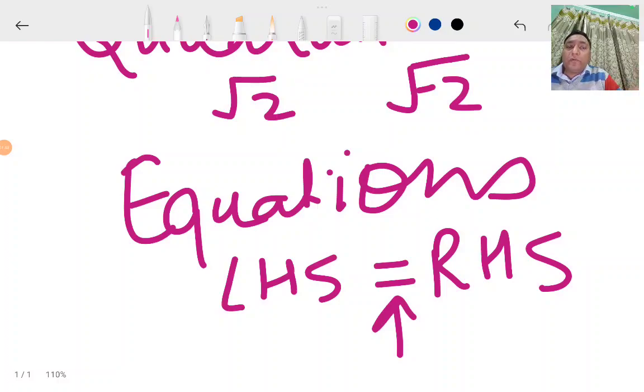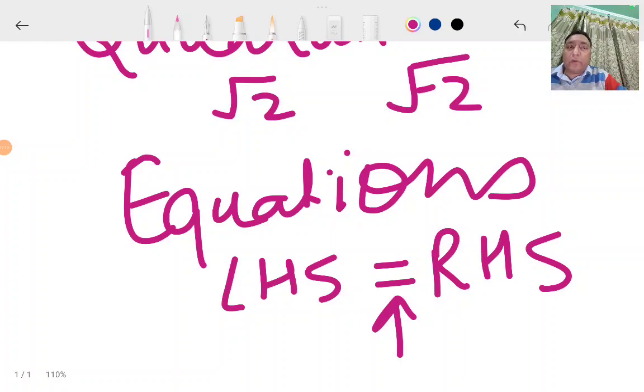And to solve it using algebraic expressions, if we have one variable, we need minimum one equation. If we have two variables, we need minimum two equations to solve the variables.